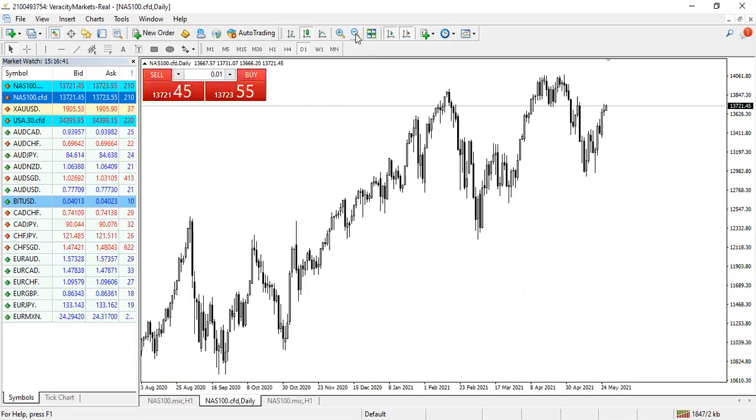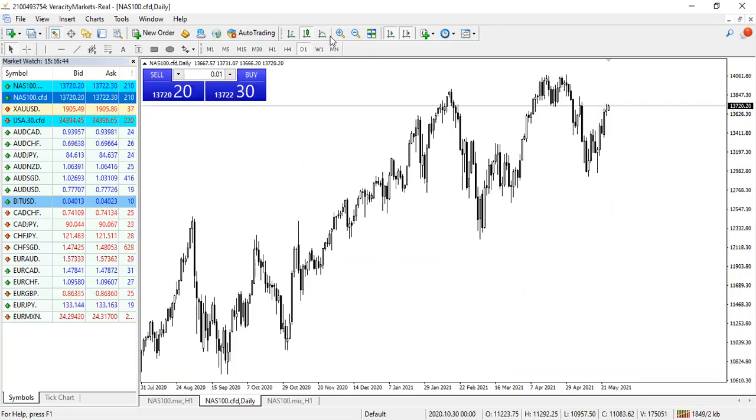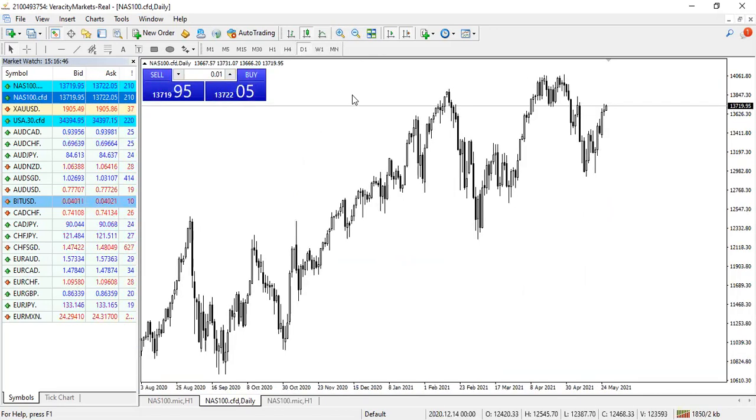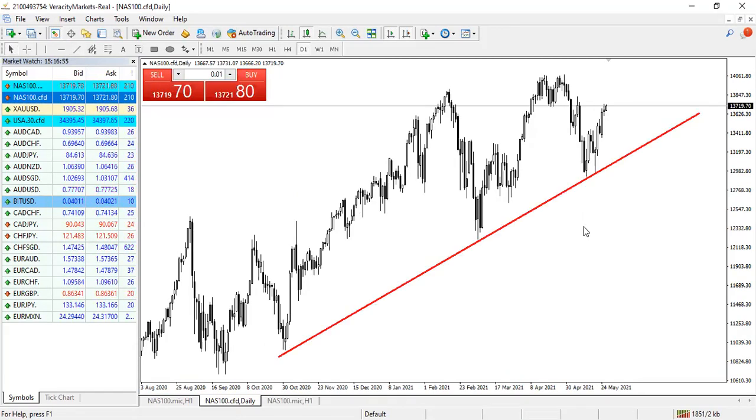Okay. This is Nasdaq. We want to check the bigger picture first. The bigger picture is telling us that Nasdaq is in an uptrend.